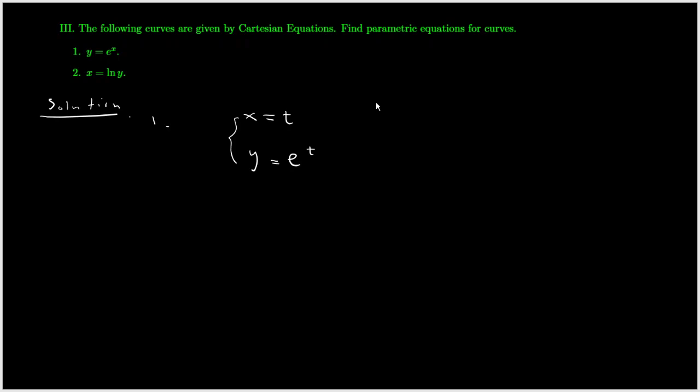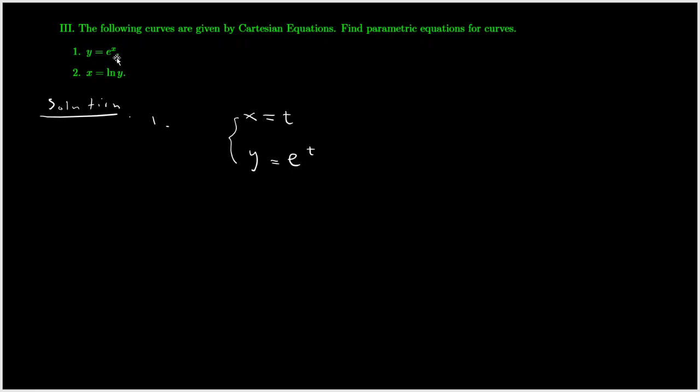If you do not see it this way, you go backward. By that we mean from these two parametric equations, if you cancel out t, you can get a relation between x and y as that, right? y is equal to e to the power of x because x is t, right?